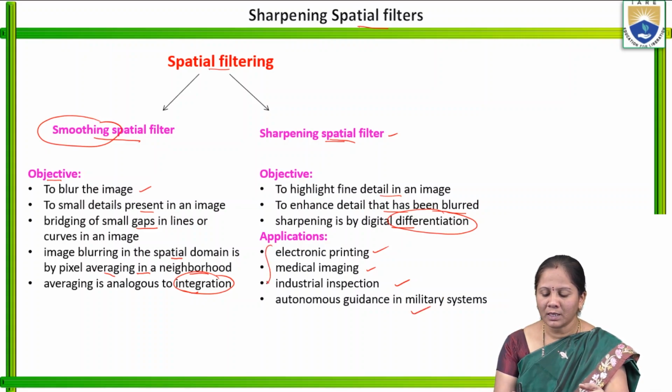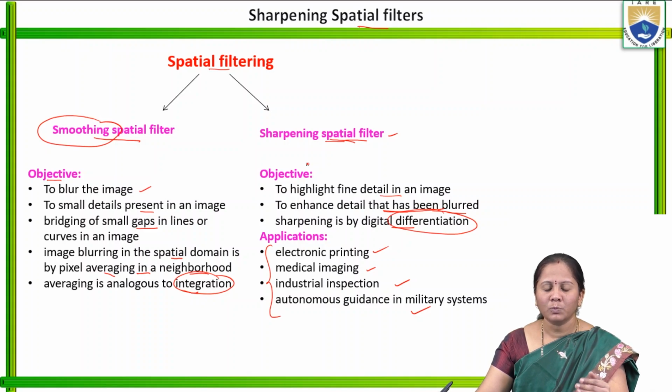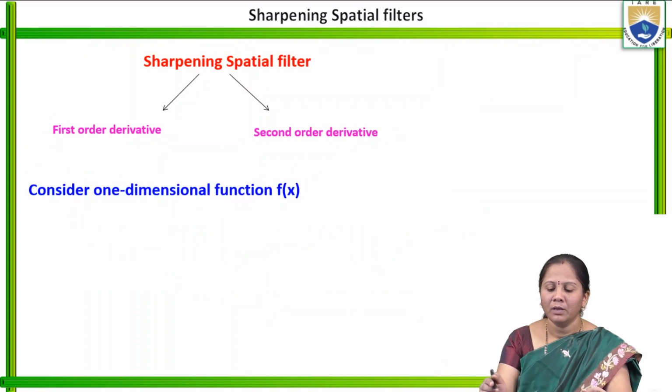In all these applications, sharpening spatial filters can be applied, because they are used to enhance the small details present in blurred images. These are the objectives and applications of the smoothing spatial filter and the sharpening spatial filter.